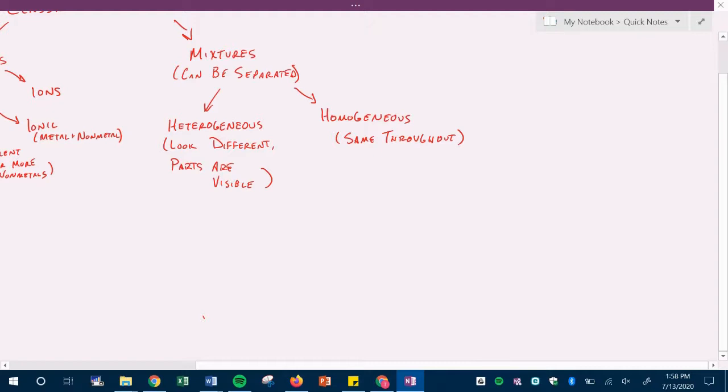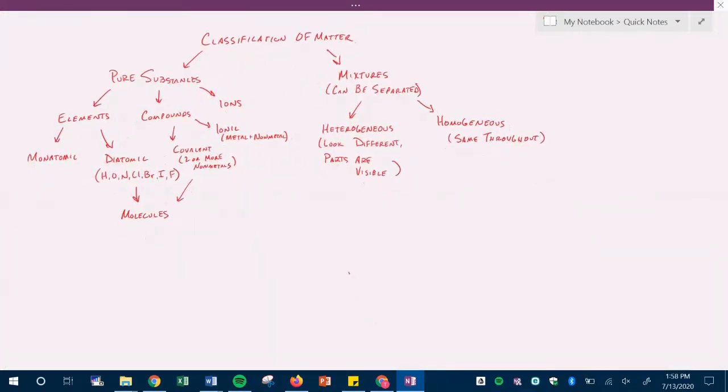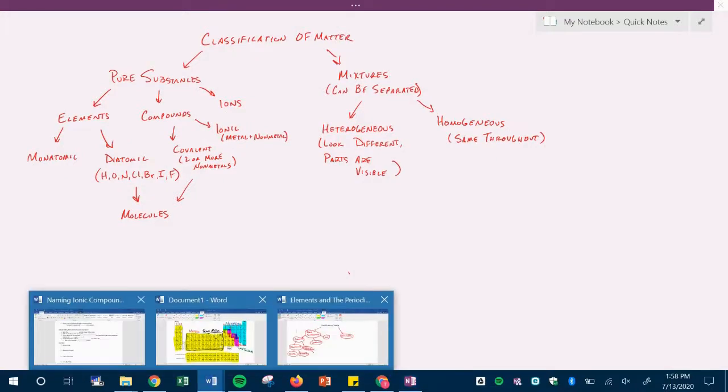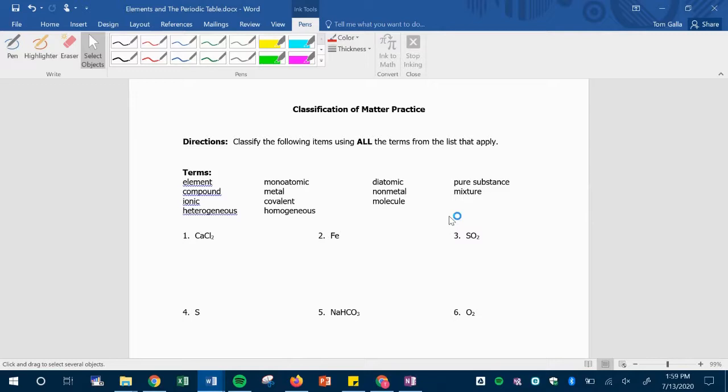So now that we've gone through and classified our matter, let's look at our practice page for today and talk about how that actually works. We've talked about our classification of matter. Let's go through our first example here. So we have CaCl2. One of the things that hopefully we notice here is that this is a chemical formula, meaning it's coming from parts of the periodic table.